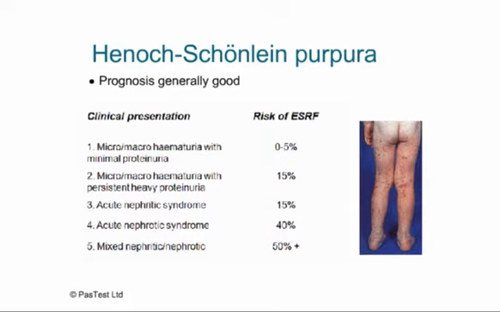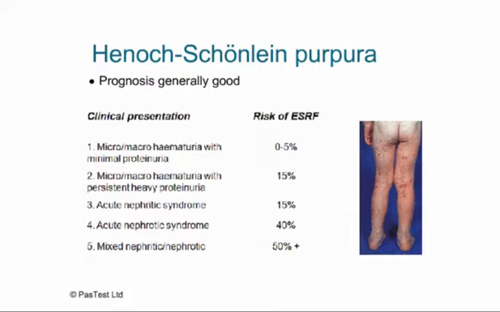The other interesting point is that if you have a mixed nephrotic presentation of a nephritis, then you're going to do badly. You can see for HSP, the risk of end-stage exceeds 50% if you present in that way, and that's true for other nephritides. So if at any time you get an individual who presents with a mixed picture of nephritis and nephrotic syndrome, then they're going to do badly, irrespective of their underlying histology.